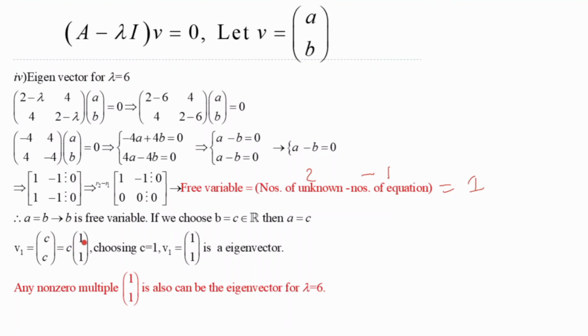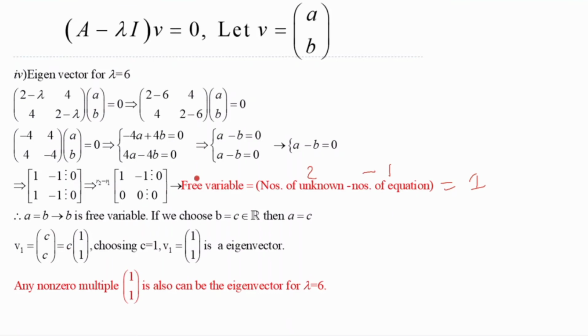For our convenience, we choose c equal to 1. Then v1 equals (1, 1) is the eigenvector. Any non-zero multiple of this vector, that means any non-zero real number for c, will also be an eigenvector for lambda equal to 6.